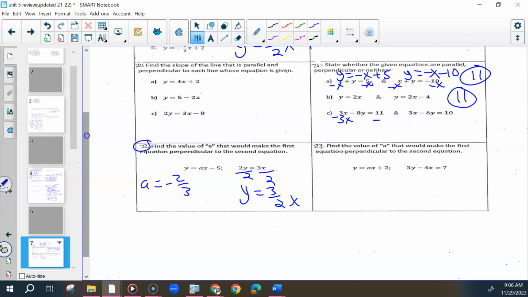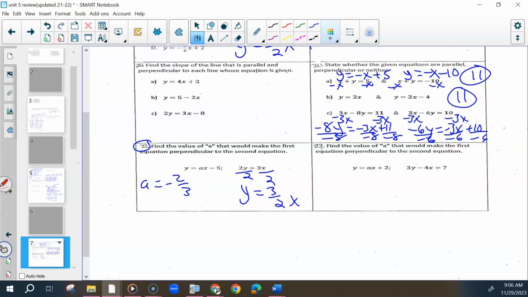Subtract 3x on both sides to both equations. And divide by -8 on one of the equations and -6 on the other. I don't have space, so I'm just going to rewrite them over here.